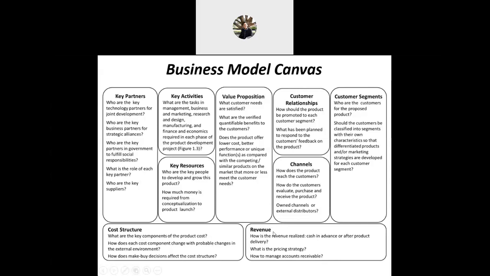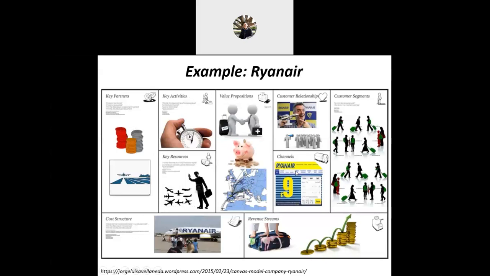So this is an example of the Ryanair business model canvas: key partner, key activities, value propositions, customer relationship, customer segment. So this is the example of a business model canvas.